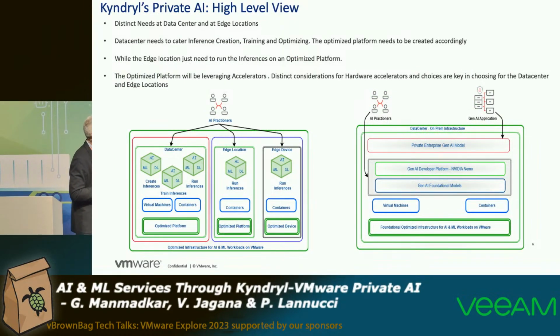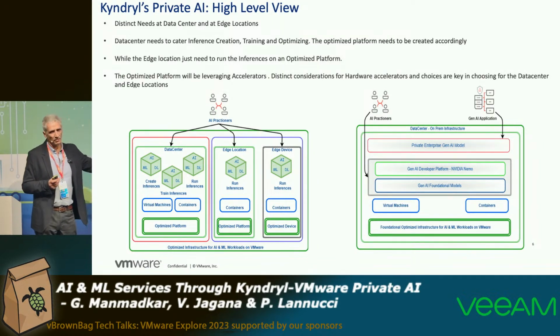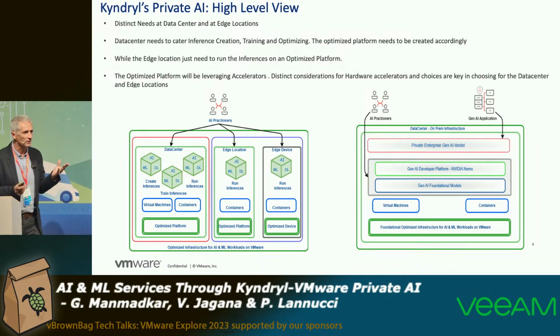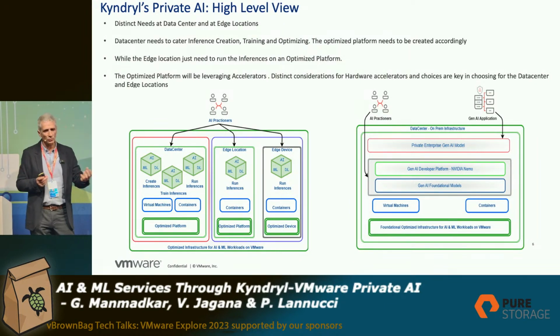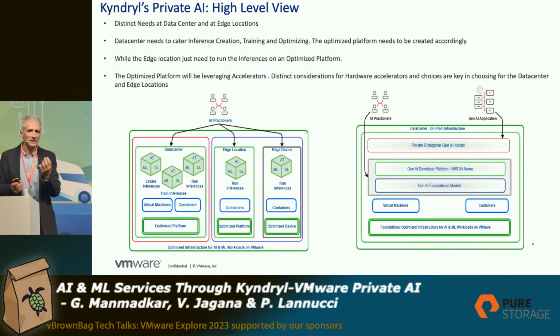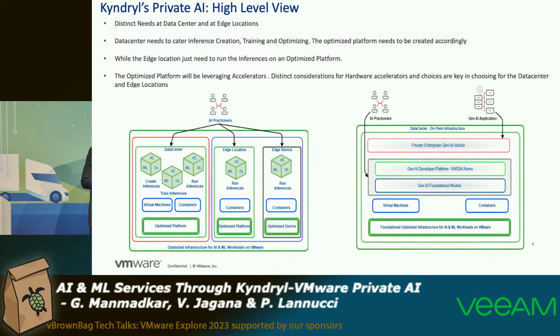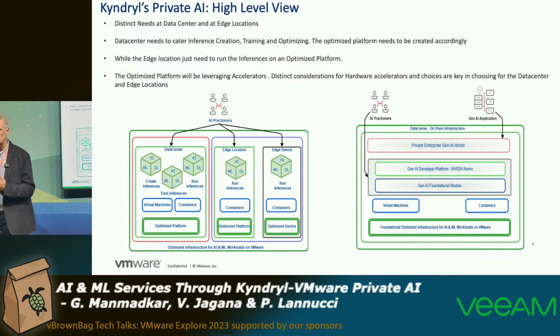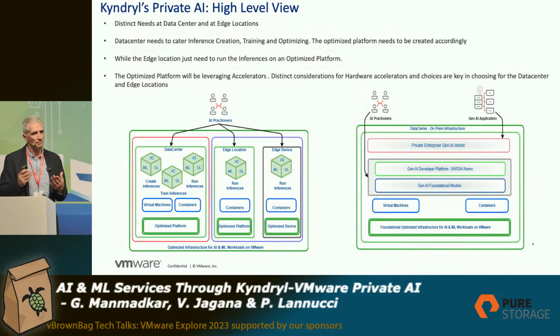So now let's see how these are deployed. Obviously, we don't need all the components everywhere. If, for example, we just want to run inference, so if we want to evaluate our model in an edge location, we just need very tiny components that will be run at the edge location. It's different if we want to run the training or the fine-tuning for a large language model, because this will require a considerable amount of resources.